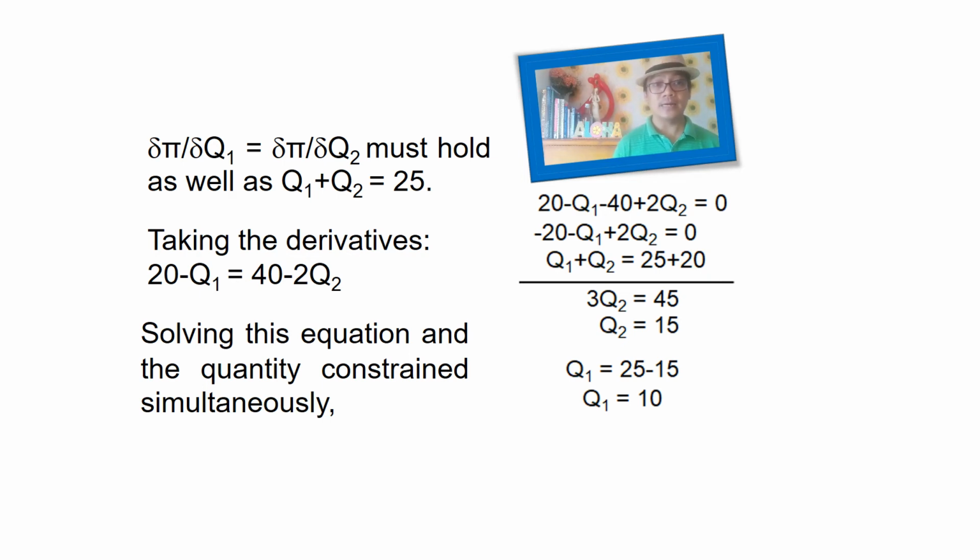Now, taking the derivatives, we have 20 minus Q1 equals 40 minus Q2. Solving this equation and the quantity constraint simultaneously, we have Q1 equals 10 and Q2 equals 15. Thus, Q1 equals 10 and Q2 equals 15 is the company's optimal solution.